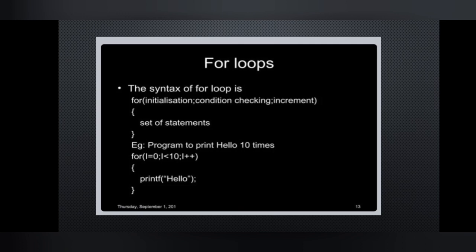We have initialized i equal to 0, and the condition we have given is that i should be less than 10, and i plus plus increments the value of i by 1. We have printed hello under the parenthesis. So the for loop will execute 10 times, and it will print hello world 10 times.